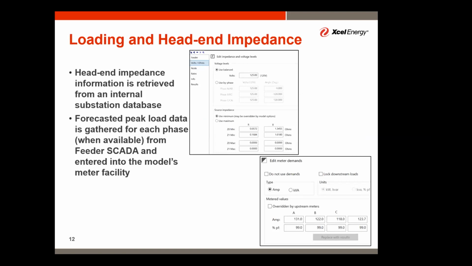Loading information in this case is similar to those peak loads that we report on yearly, potentially what developers will see in kVA or MVA in pre-application reports, et cetera. It is essentially, in this case, a biphase look at the peak conditions seen on the head end of the feeder.